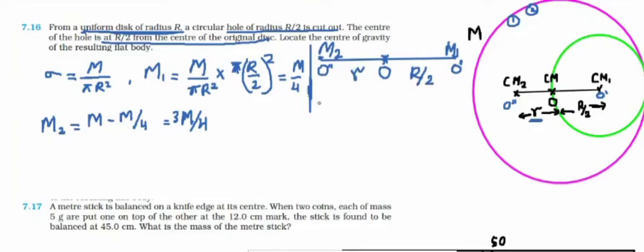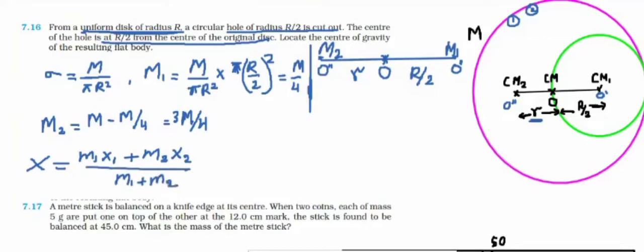Now we take the equation for the center of mass of a two particle system distributed along a straight line. X is equal to m1 x1 plus m2 x2 divided by m1 plus m2. And it is a homogeneous body, so I can take X equal to 0.